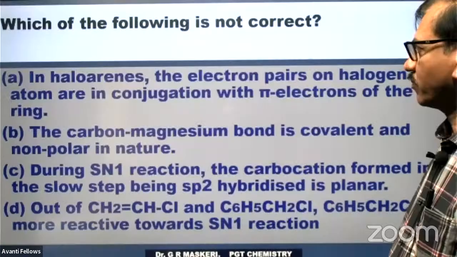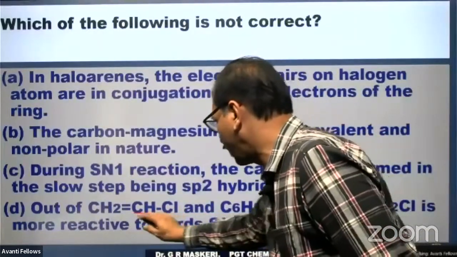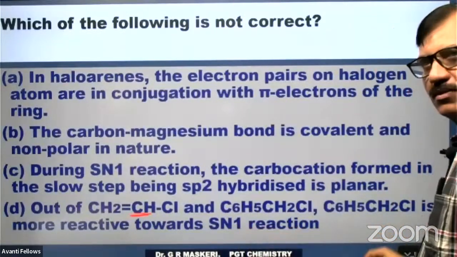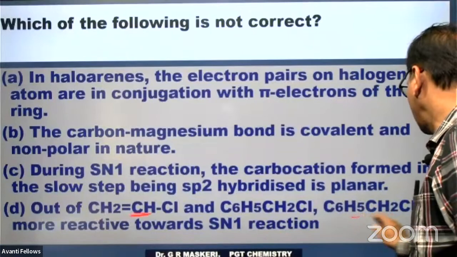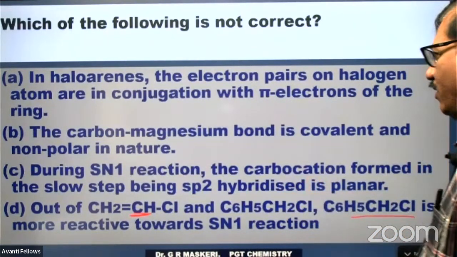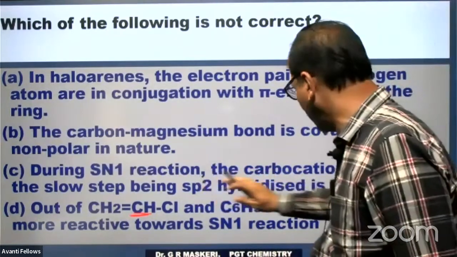D, sir. Out of these two, this is SN1. Remember, this is vinyl chloride. Vinyl chloride does not undergo this at all. And this is a primary halide, therefore this is true. During SN1 reaction, the carbocation formed in the slow step is sp2 hybridized and planar.